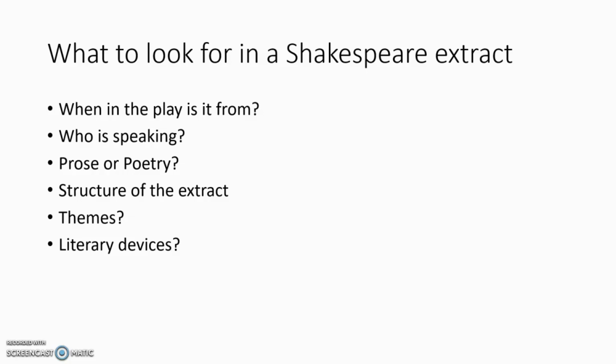You should next try to identify the theme. You may be asked about a specific theme. If that is the case, look and try to find that specific theme throughout the extract. If you haven't been asked about a specific theme, you may have been asked about a specific character. Characters tend to represent specific themes, such as the witches in Macbeth representing sin.